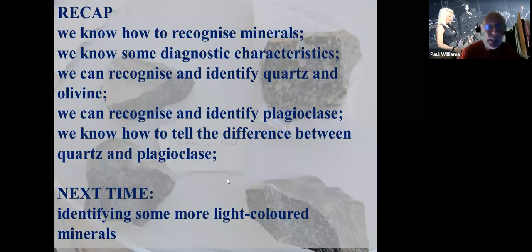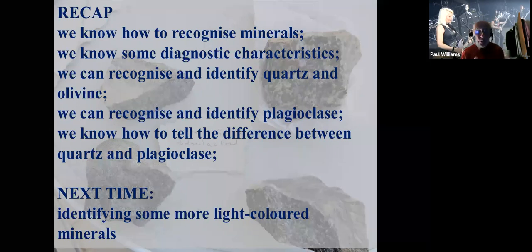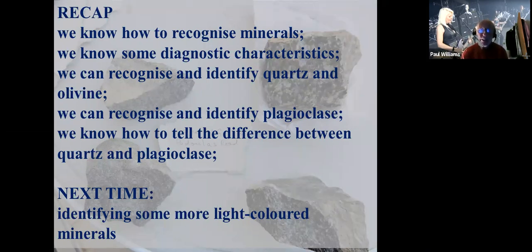That concludes what we're going to do for this first session. So where have we come from and where have we got to? Well, we now know how to recognize minerals. And there are these things where we've got nice crystal shape, straight lines, edges, crystal faces, for example. We've got a list of diagnostic characteristics, which we've looked at.